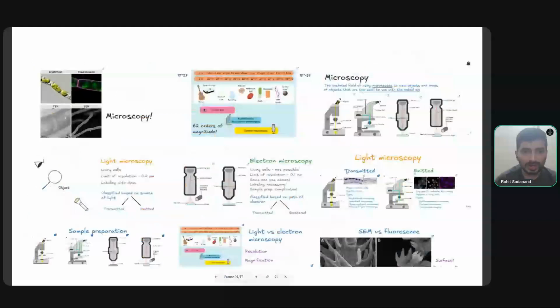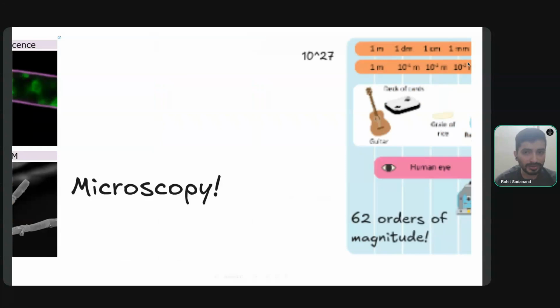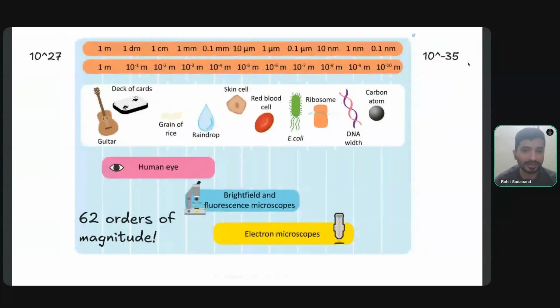So what is microscopy? It is essentially the techniques that we use to see really, really small things. And why would we be interested in looking at very small things?